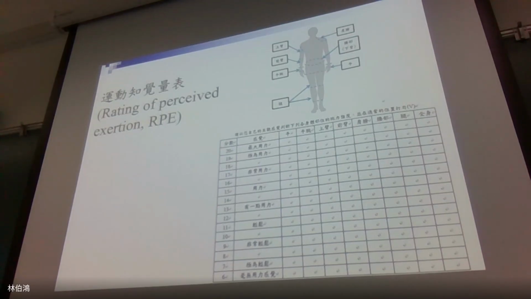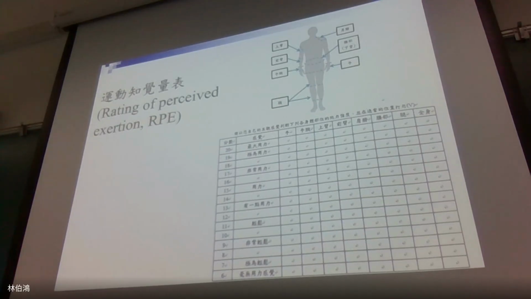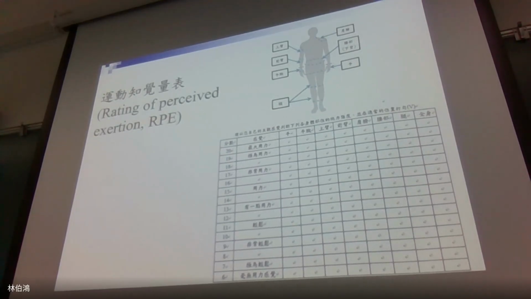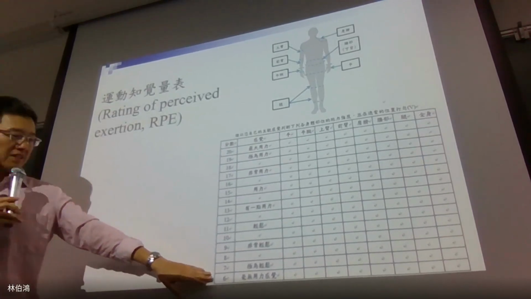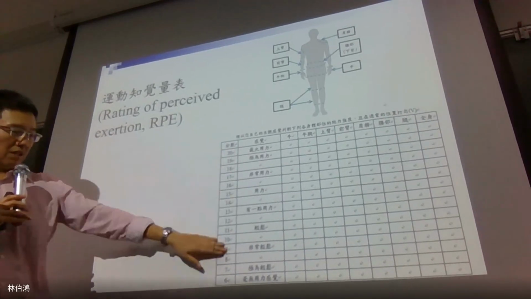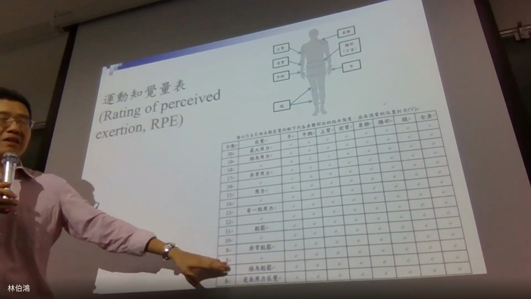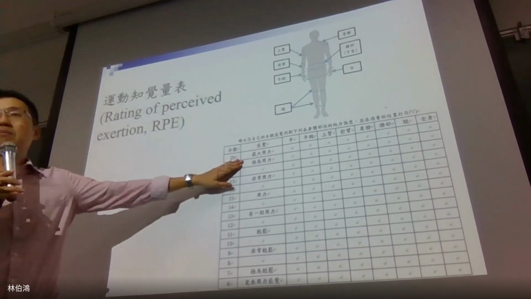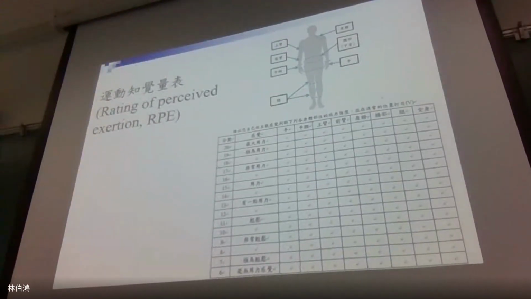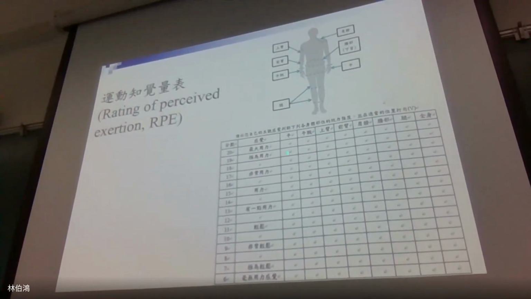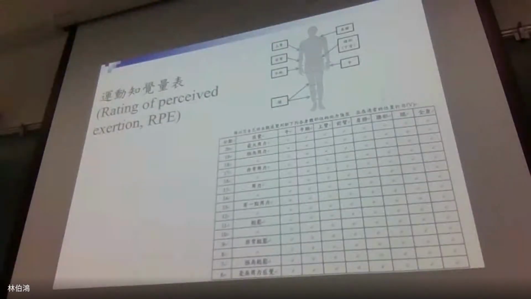And this is for your subjective opinion, subjective feeling. And you can see, from 6 points to 20, 6 means no feeling, and 20 is the maximum exertion. So according to the different body parts, you can give different ratings.